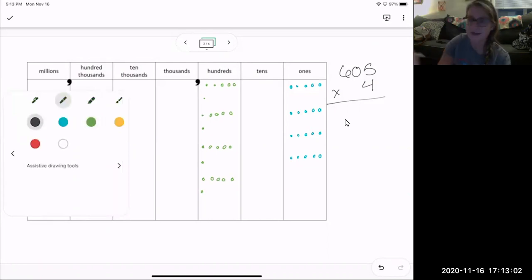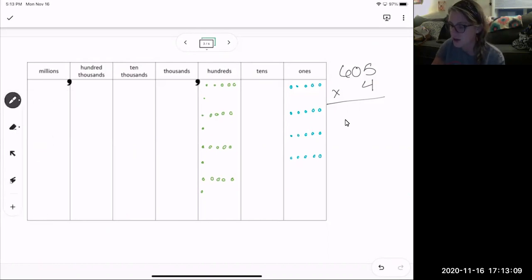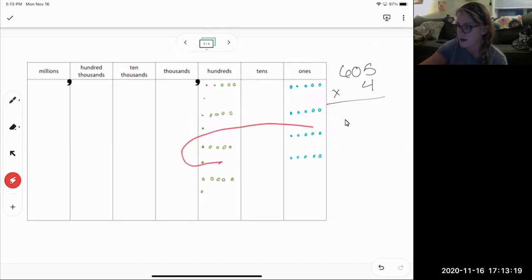Okay, mine is not super even, but you get the gist because we have 4 groups of each of our pieces. So we have 605 here, 605 here, 605 here, and 605 here.